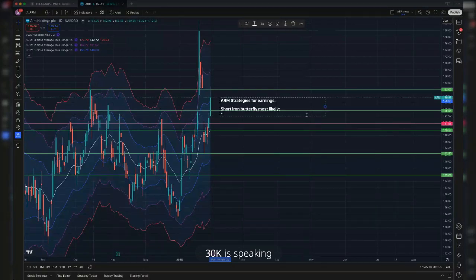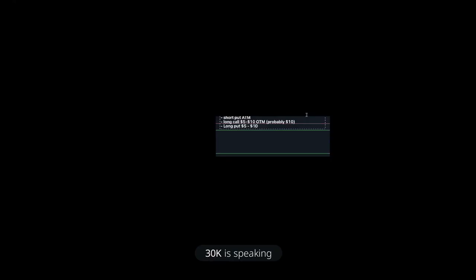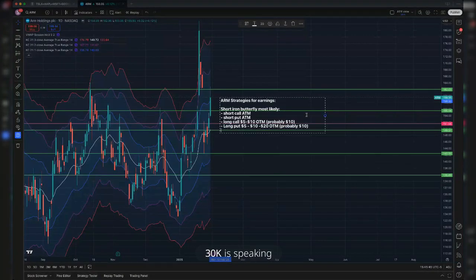That is a short call at the money, short put at the money, a long call $5 to $10, even 20, OTM, probably 10, and a long put 5 to 10 to 20 OTM, probably 10.